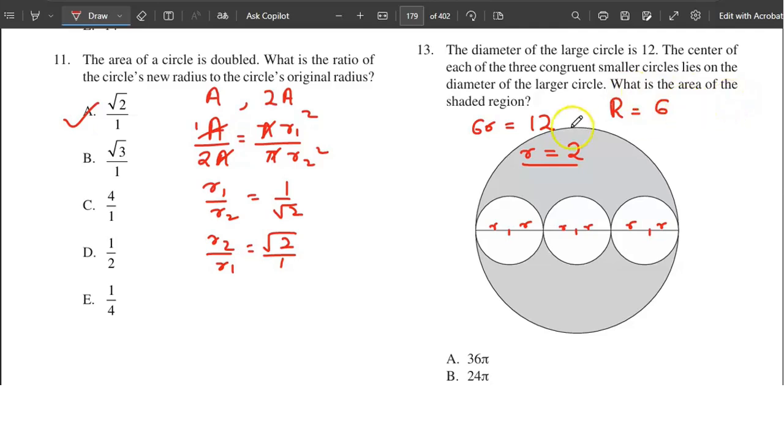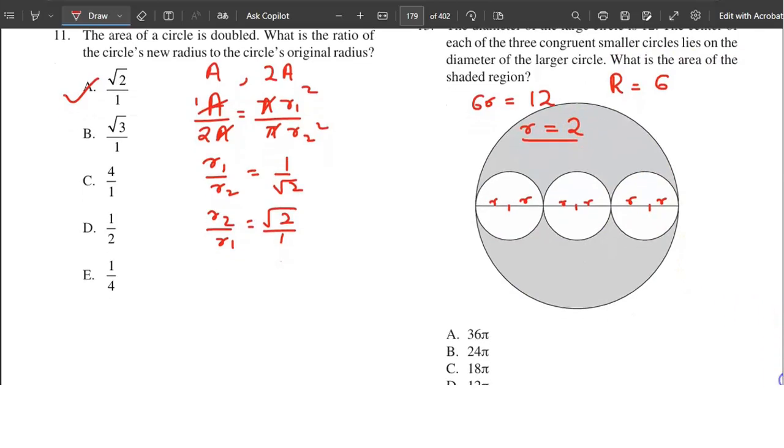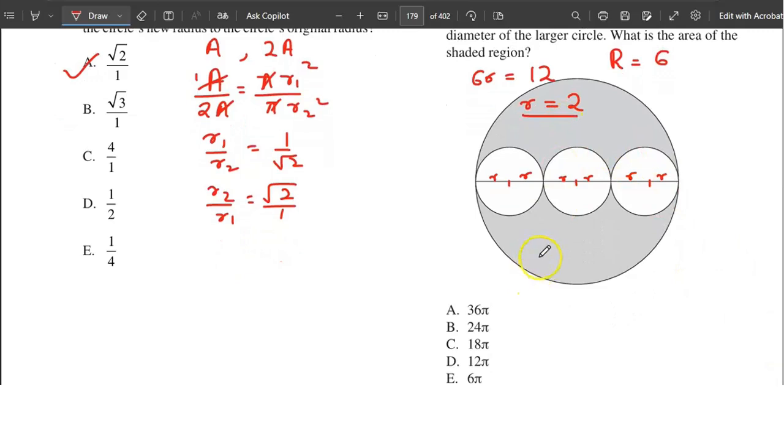Now, what is the area of the shaded region? Area of the shaded region will be area of the larger circle minus area of the smaller circles. Area of the larger circle will be pi into 6 square, so 6 square into pi, minus area of the smaller circles. We'll take the area of one small circle and multiply it by 3.